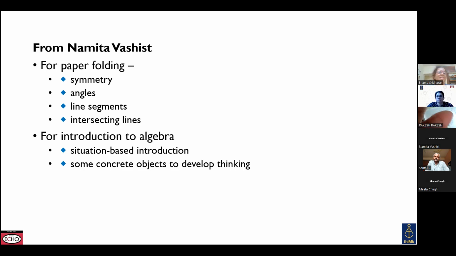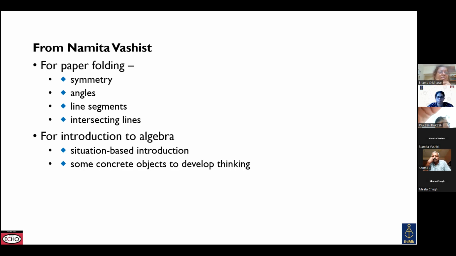Yeah, that is really nice, Namita. Thank you for sharing. Ramesh also talked about similar situation based ideas last week, and for paper folding also we talked about how we can use origami.